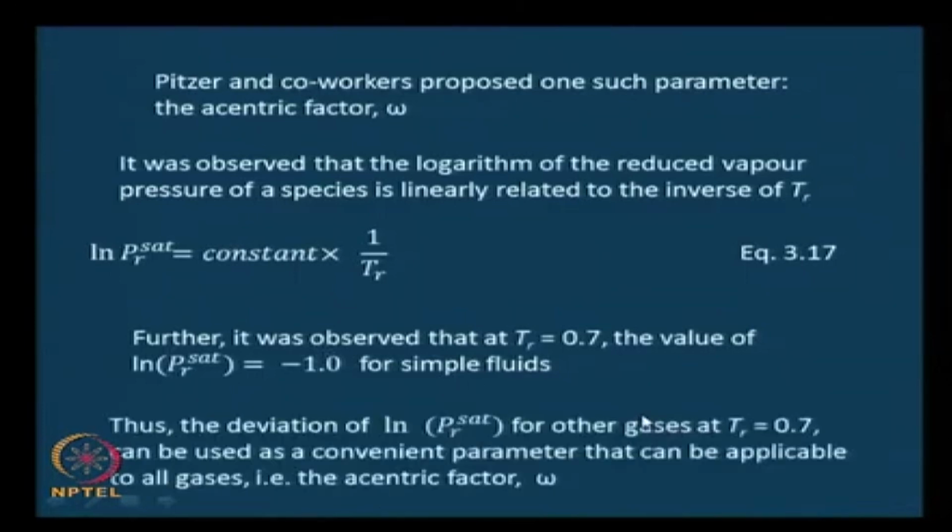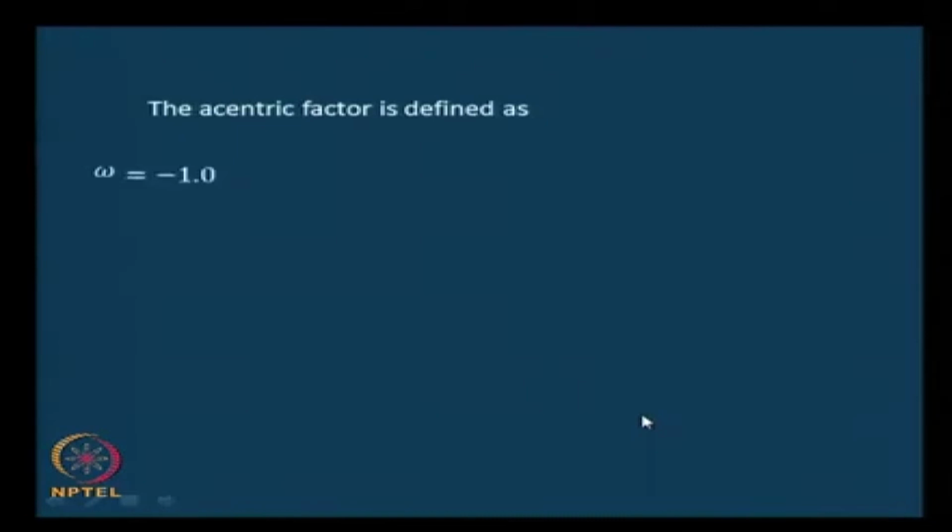The acentric factor is essentially the difference between the logarithm of the PR sat value at a TR value of 0.7 and that value for simple fluids, which happens to be -1. Therefore, this in essence gives the deviation of the other fluids from the simple fluid behavior, and therefore this is taken as a single parameter.